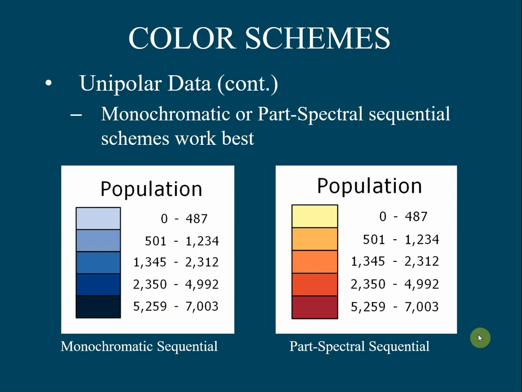On the left here, we went from light blue to dark blue. Clearly, they're all blue. On the other one, we went from yellow to yellow-orange to orange to orange-red to red. So we used multiple colors here, but they do all flow with each other on a color chart, so they're appropriate to use this way. It just depends on what you're looking at.